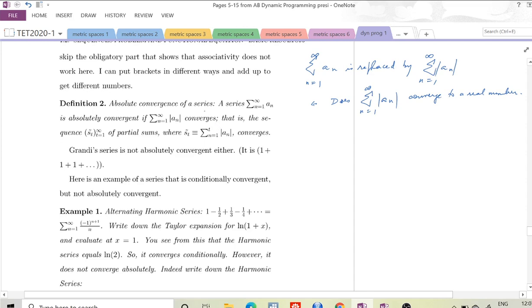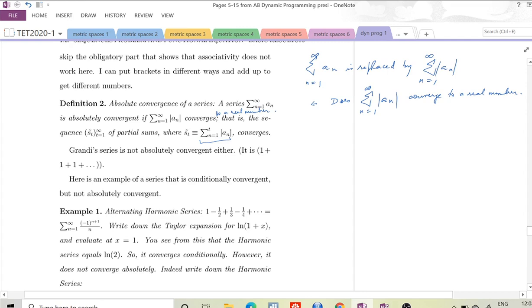So absolute convergence of a series: summation a_n is absolutely convergent if the summation of the absolute values converges to a real number. Okay, so that is, the sequence S tilde t of partial sums of the absolute values converges.